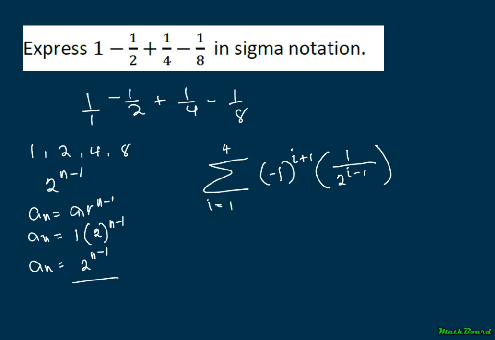So this is the sigma notation form of the given expanded series. That's the summation of negative 1 raised to i plus 1 times 1 over 2 to the i minus 1 from 1 to 4.